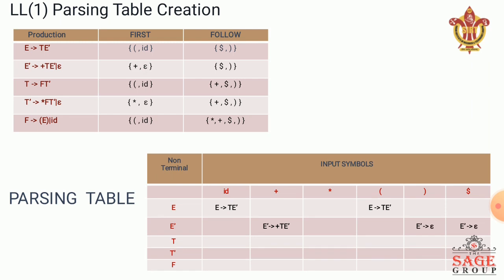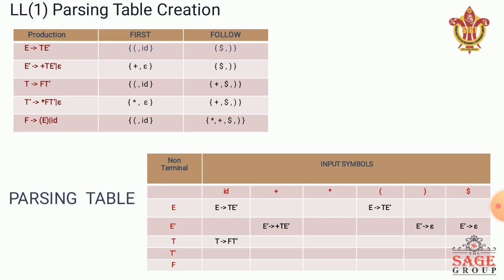Now E dash produces epsilon. When any variable directly produces epsilon, we use the follow of E dash, which is dollar and closing, so we write E dash produces epsilon in these two columns.